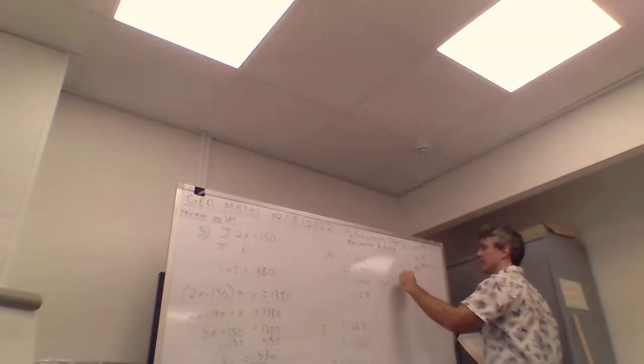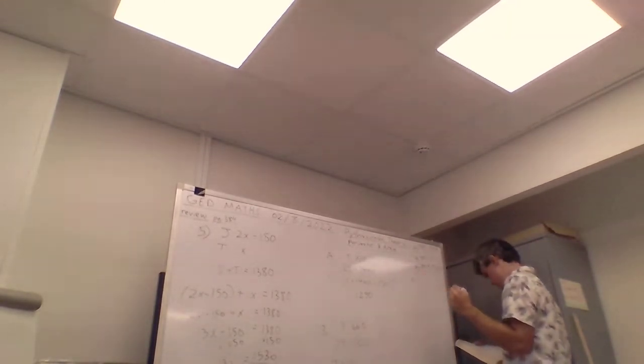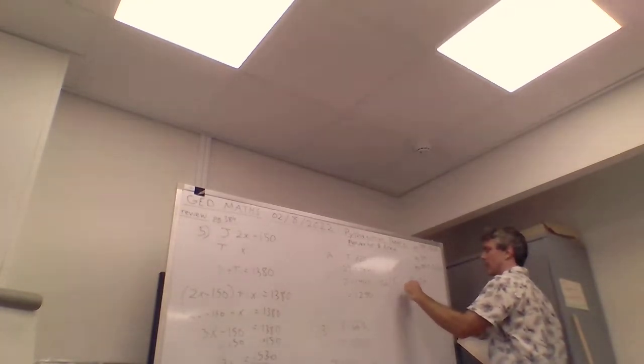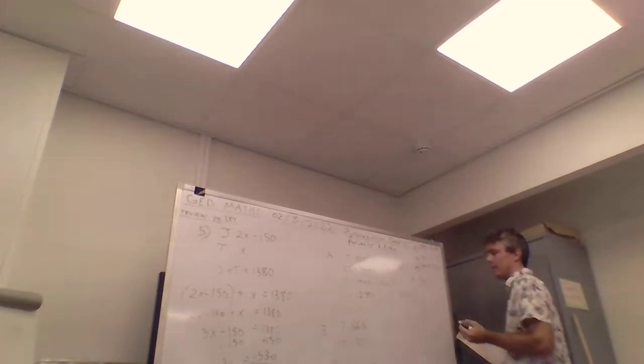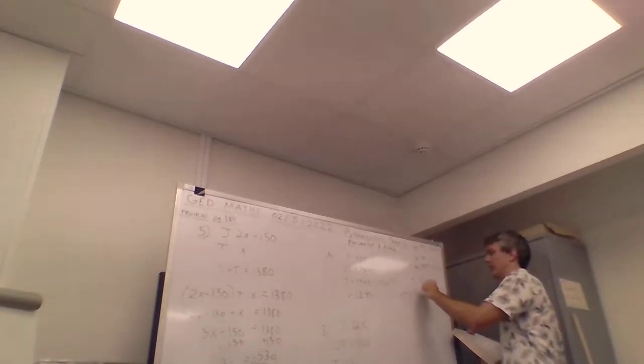So this way can be long if it's one of the ones further down, right? So C says that Tom is how much? 510. Okay. So that means 2 times Tom is what? 1020, that's right.